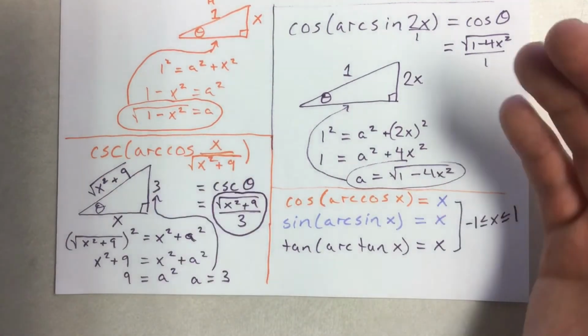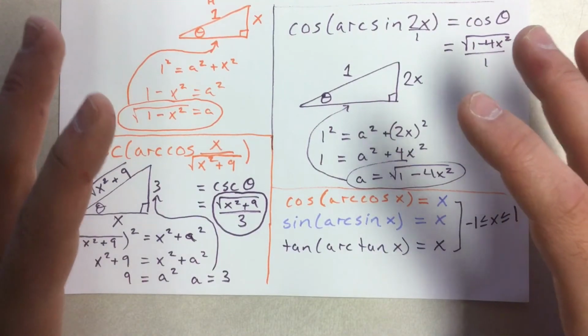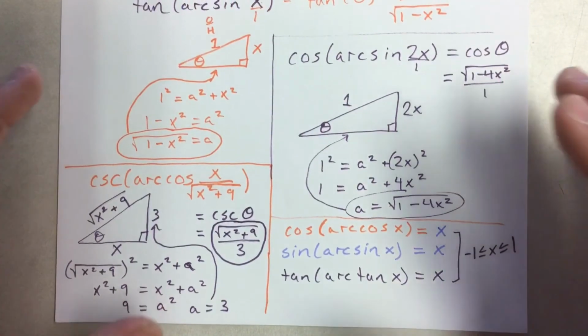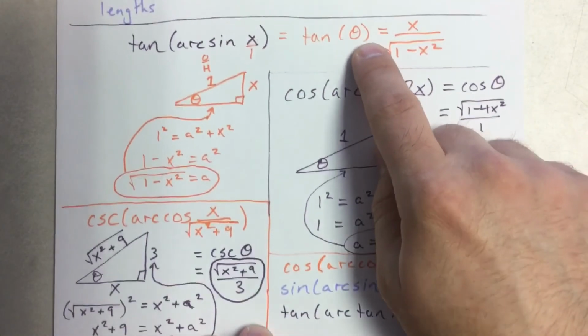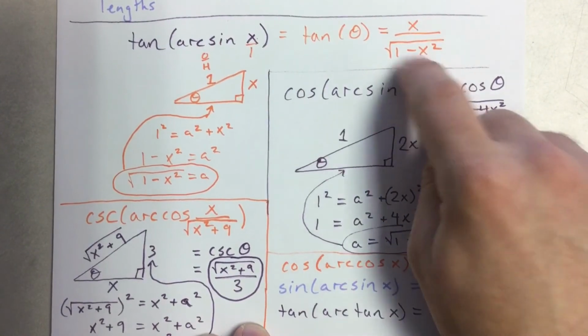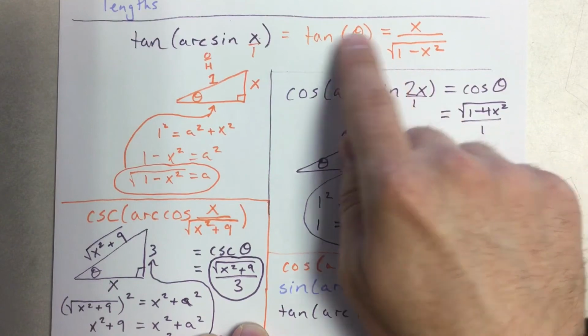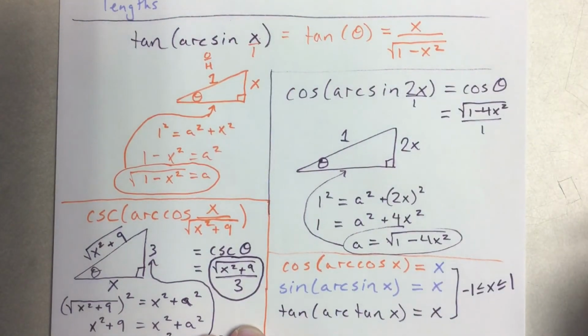In our text, we can see the other situations where it's not always true. But remember here, arc sine, arc cosine, arc tangent give us an angle measure. And with that angle measure, we get a ratio. When we don't know the angle measure, we can use a reference triangle to find the ratio.